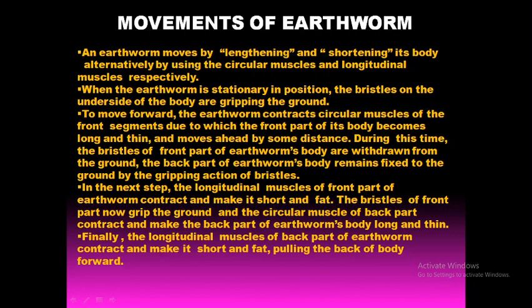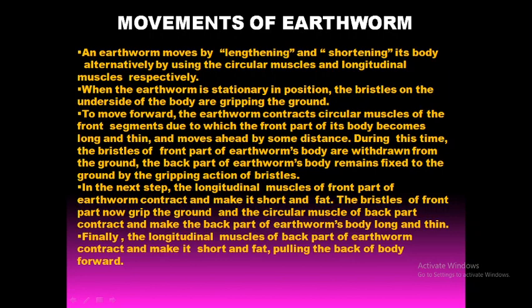During this time, the bristles of the front part of the earthworm's body are withdrawn from the ground. I had already mentioned that the bristles present on the underside of the body help the earthworm to grip the ground, and withdrawing those bristles withdraws that grip. So due to the movement of the frontal part, the bristles are withdrawn and the body gets detached from the ground.